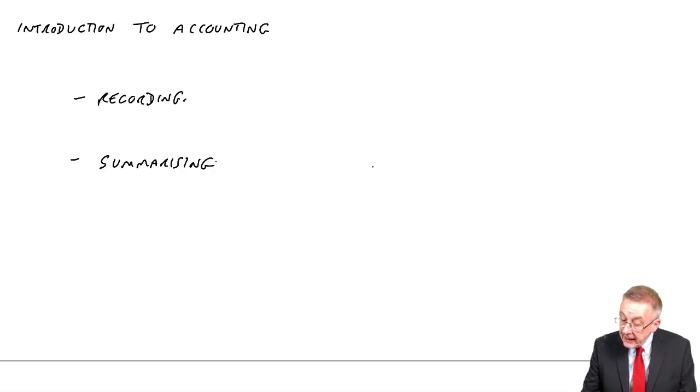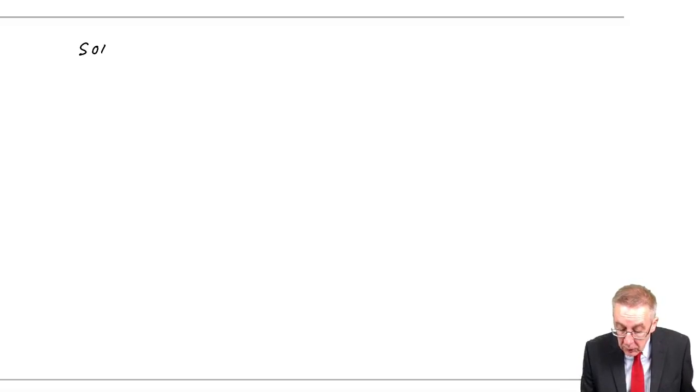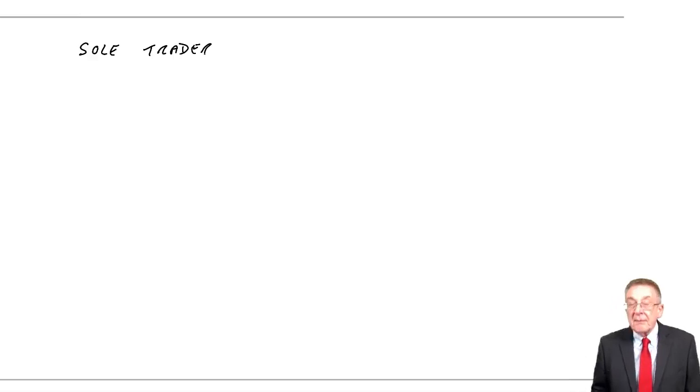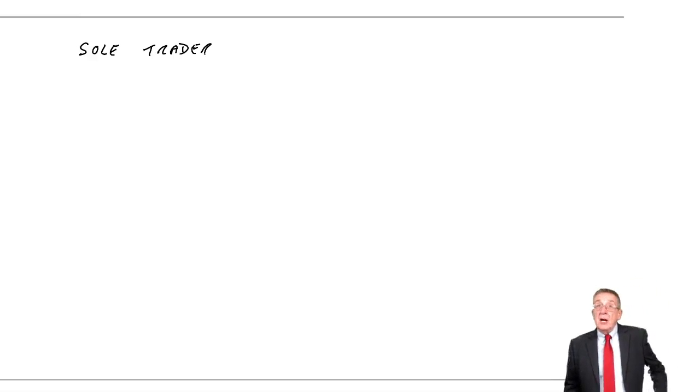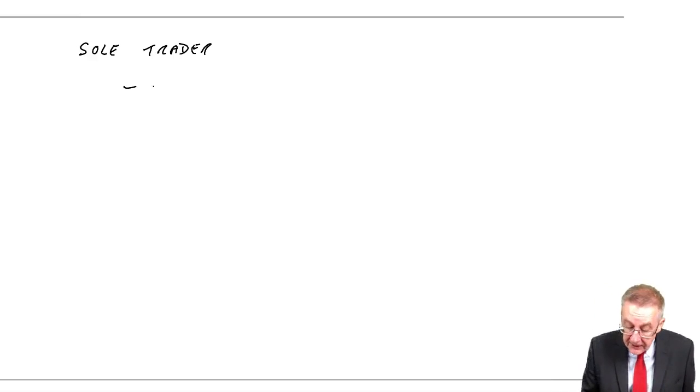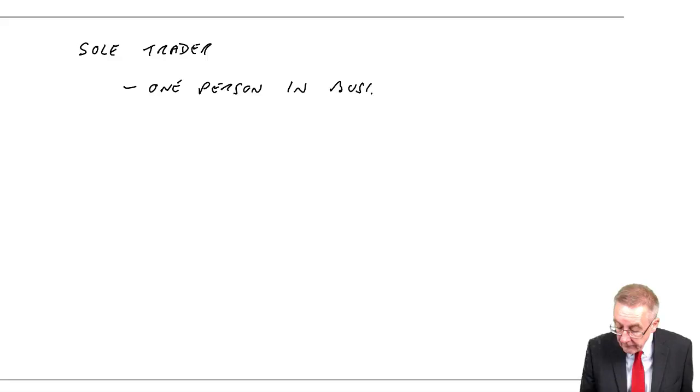Over the page it says types of business entity, and there are two main types that you need to be aware of. First of all, a sole trader. What a sole trader is, is one person in business on their own.